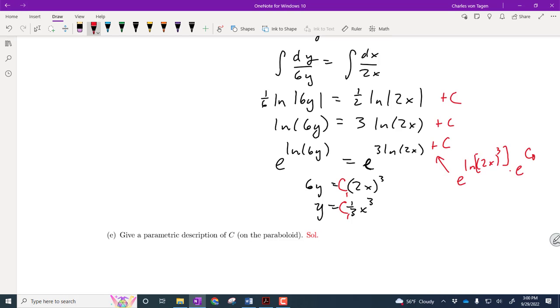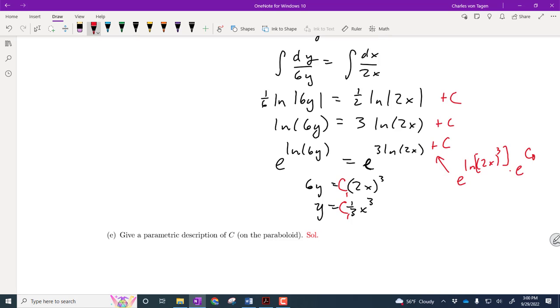But in math, what we all kind of do, and we get a little lazy, is when you get rid of one constant, you just keep calling the new constant c until you actually have to keep track of it. Which sometimes you do. Sometimes you do have to keep track of the constants. But here, this is just another arbitrary number. Okay? Yeah? 2 cubed is 8, so then 8 over 6 would be different than 1/3.